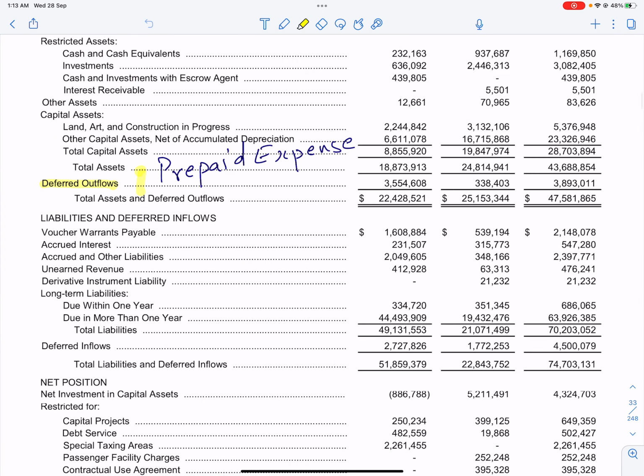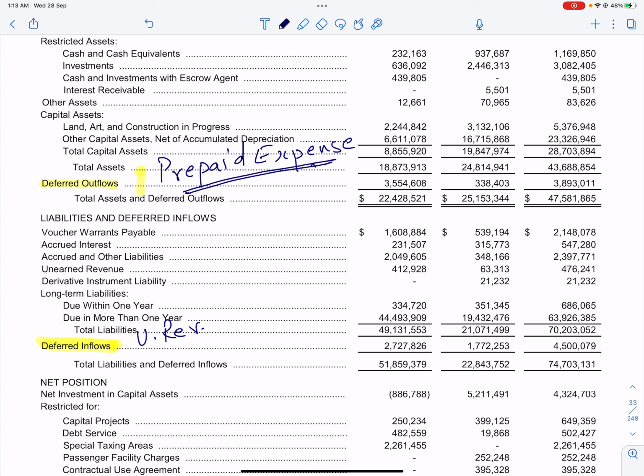So we have deferred outflow of resources and here we have deferred inflow of resources. Deferred outflow was like prepaid expense, and deferred inflow is like unearned revenue in the case of a business.